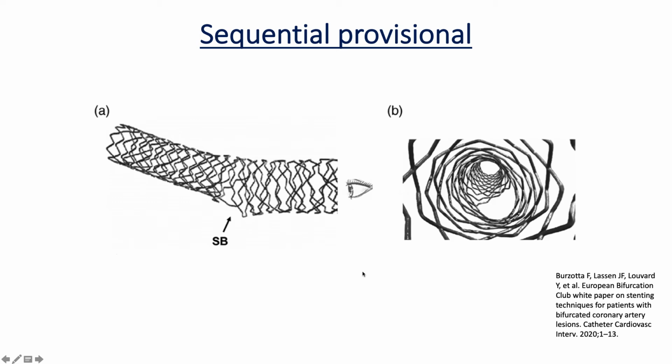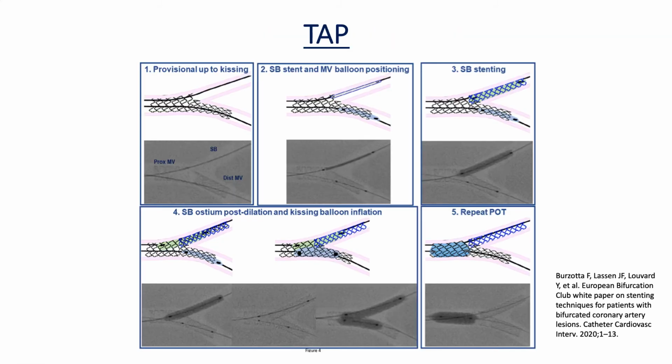That's a reconstruction of the actual 3D rendering of the bifurcation without a side branch stent, also documented in the paper. If this ends up causing a dissection or a suboptimal side branch outcome, the natural progression is to actually use a side branch stent.